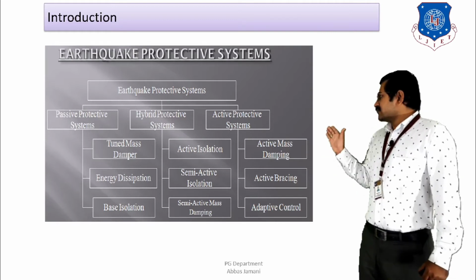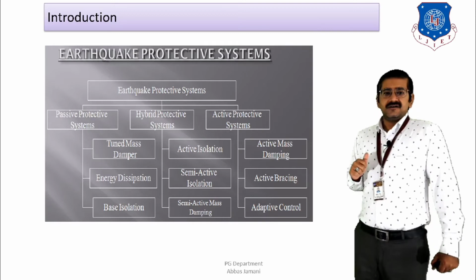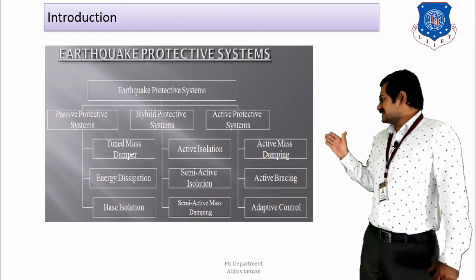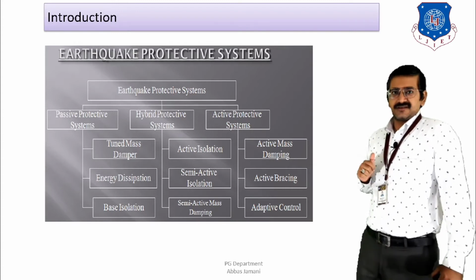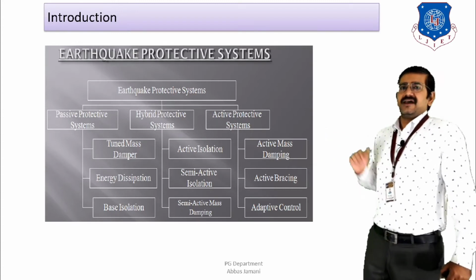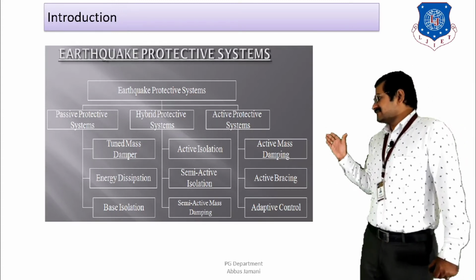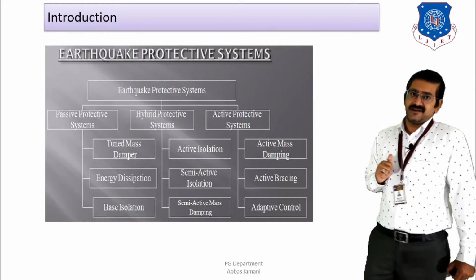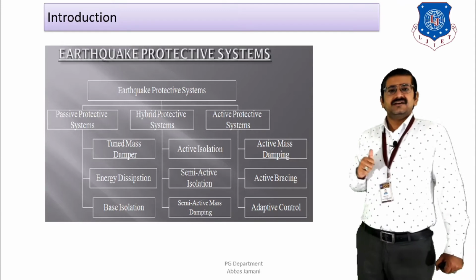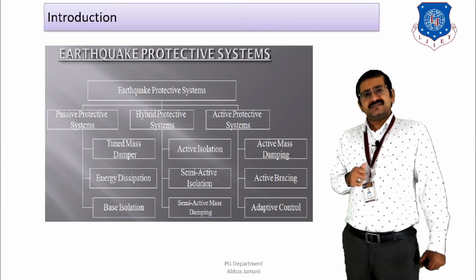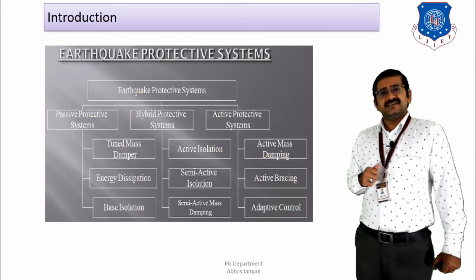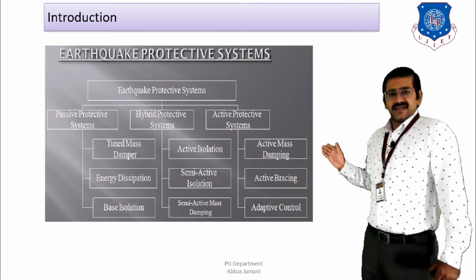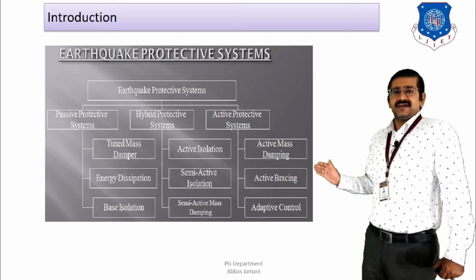In the hybrid system, three cases are there: first active isolation, second semi-active isolation, and last semi-active mass damping. Lastly, in the active systems, three categories are mentioned: active mass damping, active bracing, and the adaptive controls.